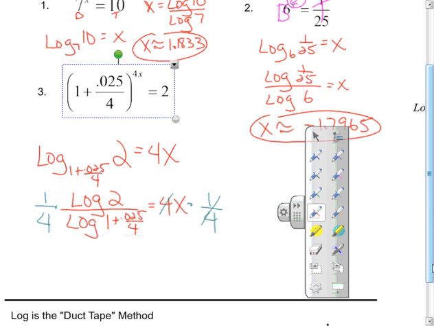So this is going to give me x is equal to 1/4 times log 2 over log to get 1 plus 0.025 over 4.